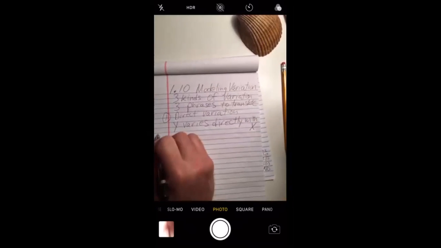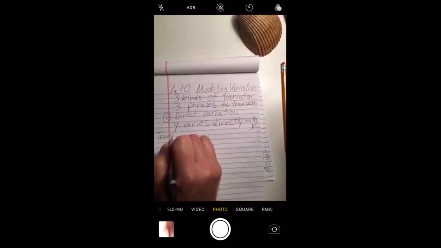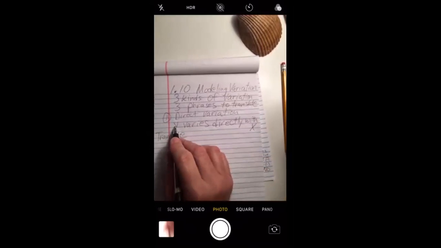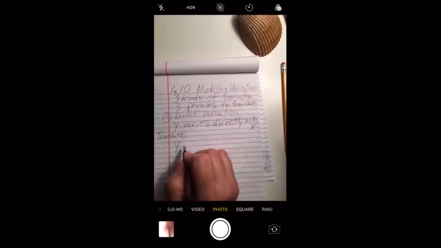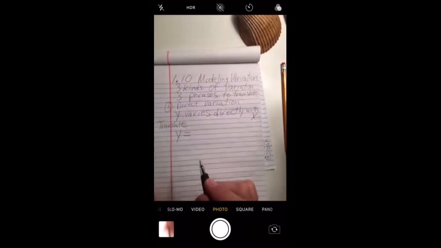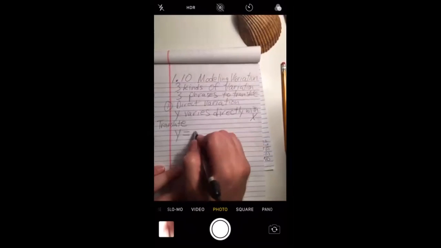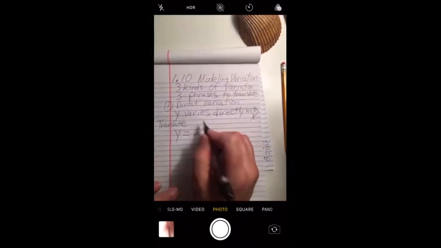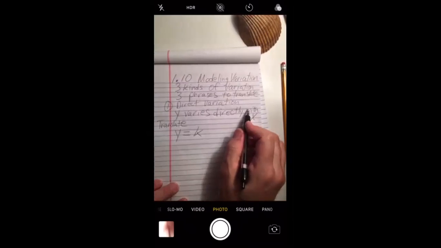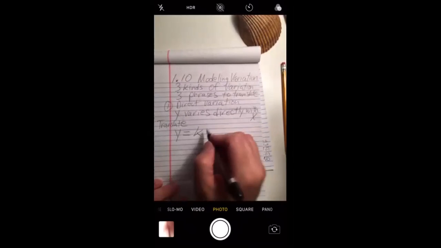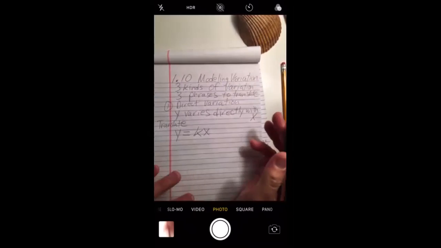They want you to translate it. So what you do is you start with whatever letter they give you. When you see this word varies, you write in equals, and here's the rub: they use a letter K. They want you to write a letter K on every one of these, even though they don't show it. And then you finish with directly, you stick whatever letter they give you right beside it, you're multiplying them.